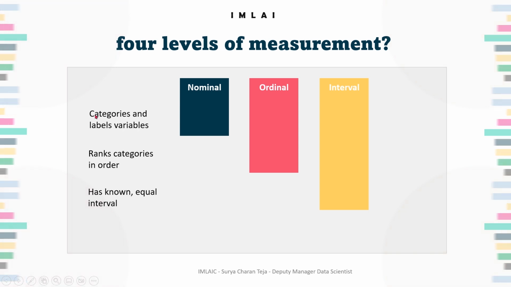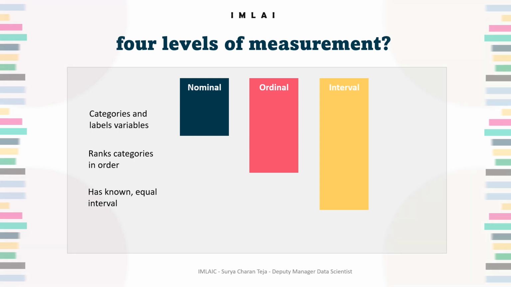One, the data will be categorized; two, the relative position or rank of each category is meaningful; and the third one is that the distance or interval between adjacent categories is also meaningful.